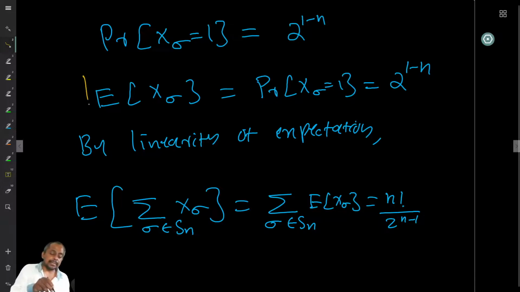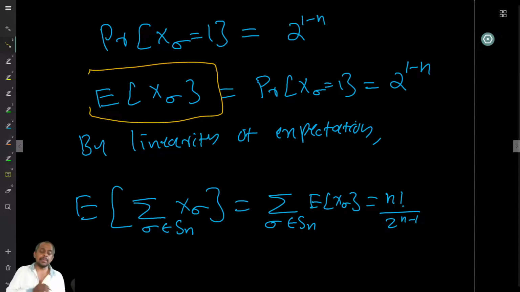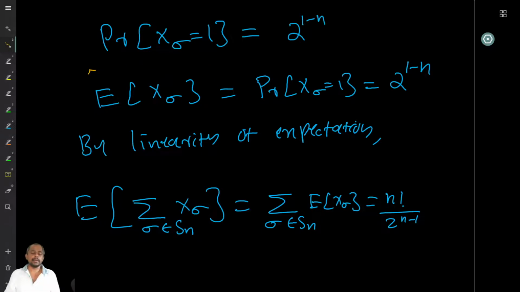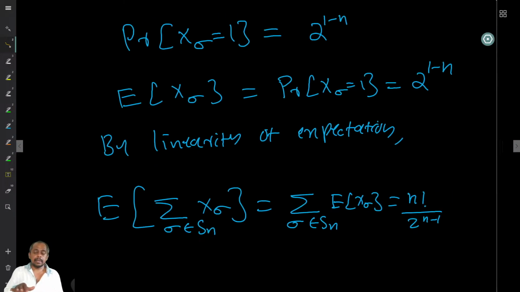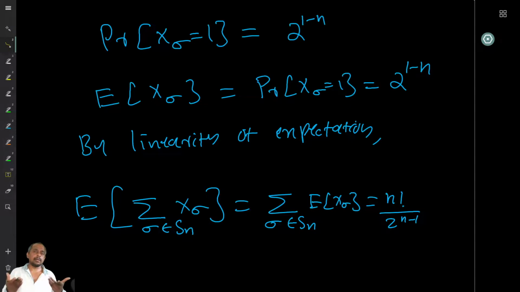Now, what is the expectation of X sigma? X sigma is a random variable. The expectation of an indicator random variable is, by definition, the sum over all x of x into the probability of that x. But we know that an indicator random variable takes only the values 1 and 0. Whenever it takes the value 1, that event happens; whenever it takes the value 0, that event does not happen.